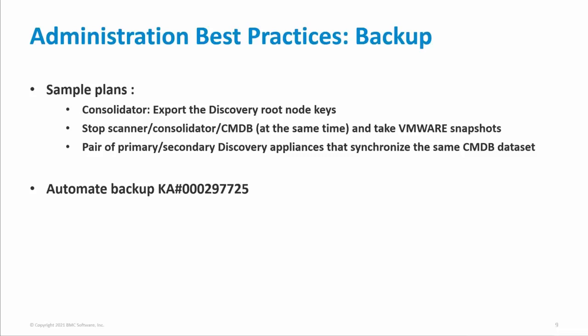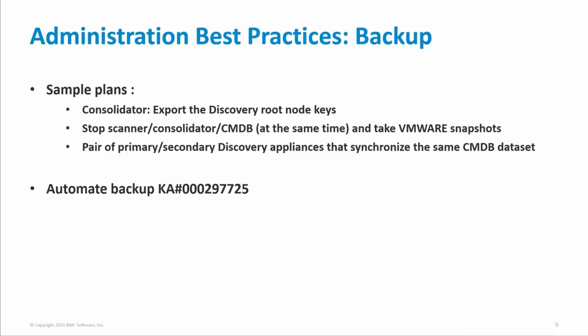In the second example, let's imagine that you have 3 scanners, 1 consolidator, and a CMDB. One of the options is to shut down everything and take a VMware snapshot of everything, including the CMDB. In case of problem, it would allow you to restore everything.